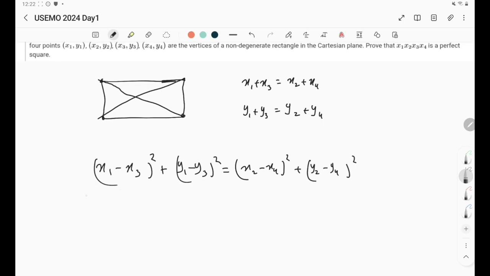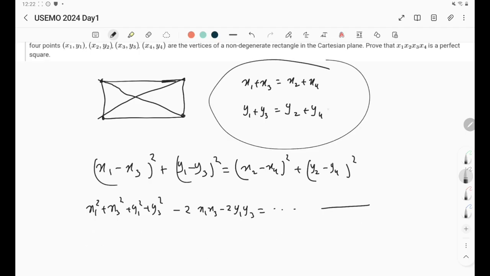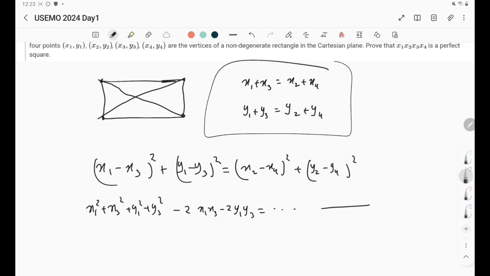And now you can just expand everything. Here you're going to get x1 squared plus x3 squared plus y1 squared plus y3 squared minus 2 x1 x3 minus 2 y1 y3, and it's equal to the same thing here. But of course you should not keep just looking at this. You should try to simplify this, because remember we know these two. How can you simplify this? Easily. You can just take these and square them.